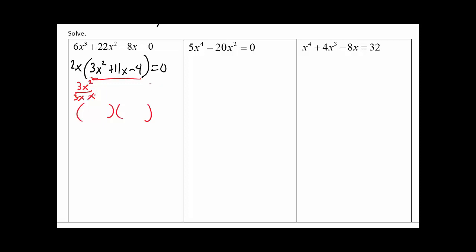And then to get the negative 4, it's either 1 and 4 or 2 and 2, and there's a negative in there somewhere, right? So playing around with these numbers, I've either got a 1 and a 3, or a 3 and a 1, and I've got a 1 and a 4, or a 2 and a 2. So some sort of combination like that.